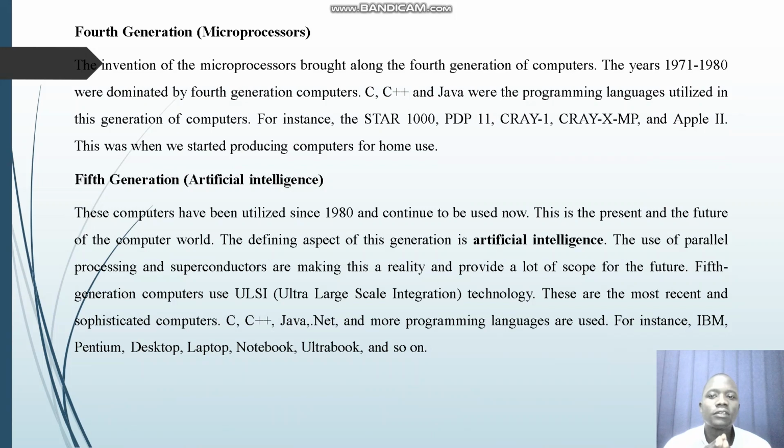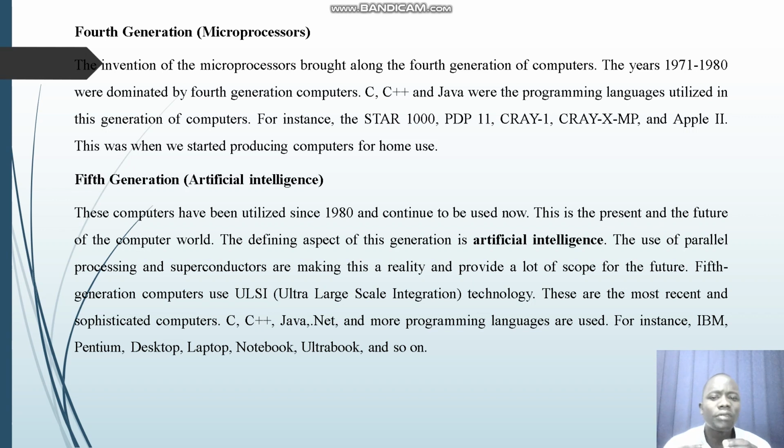Now, the fourth generation, the technology here was based on microprocessors. The invention of the microprocessors brought along the fourth generation of computers, and this was the year 1971 to 1980. Here they used C, C++, and Java, those were the programming languages used in this generation.